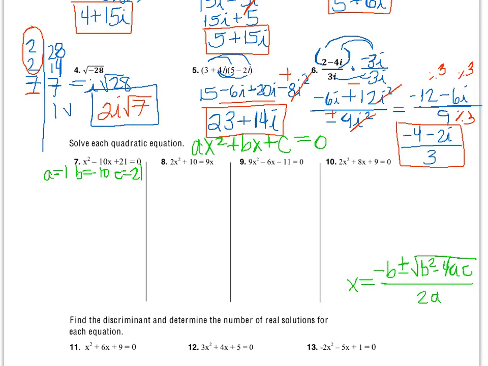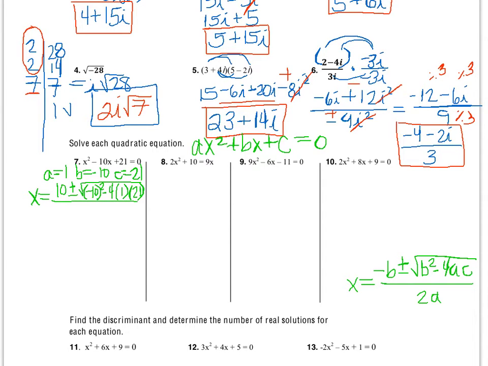Okay, so x equals the opposite of b. So b was negative 10, so we have positive 10, plus or minus the square root of b squared, so negative 10 squared, minus 4 times a, which is 1, times c, which is 21.